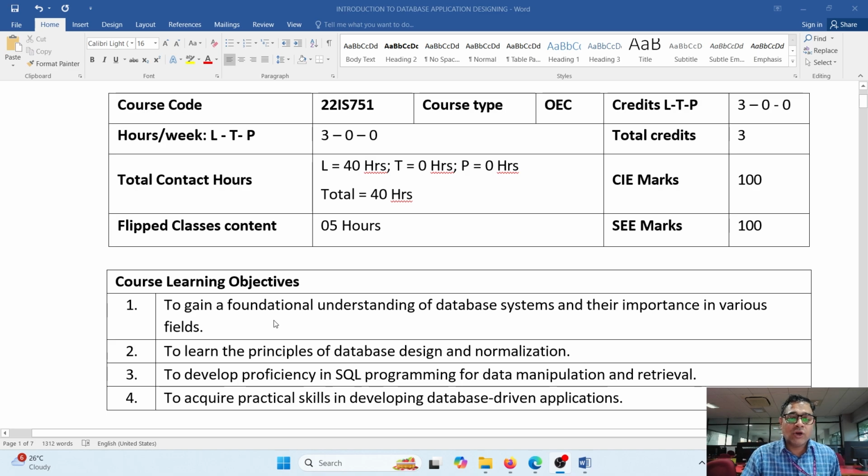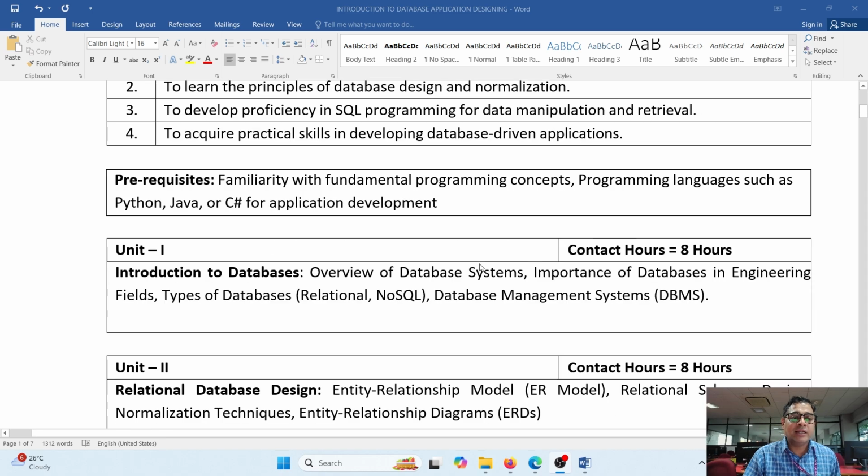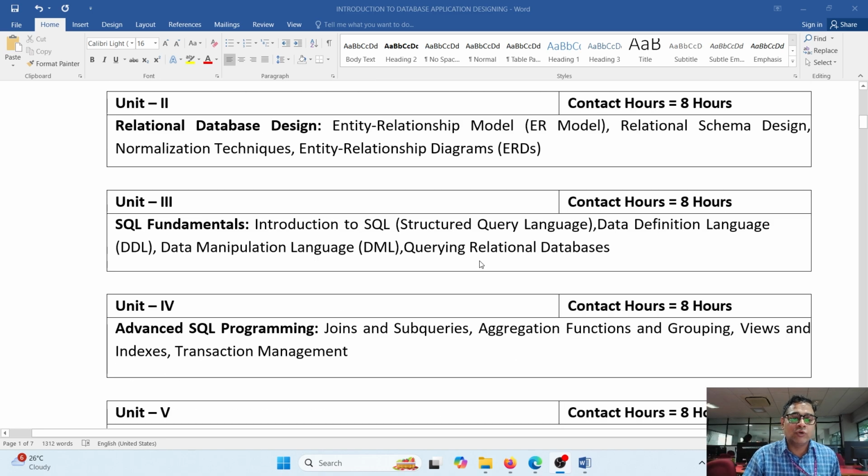So the basic learning objectives are: you will have an understanding of database systems and their importance, you'll learn how to design the database, you'll learn SQL programming and how to do data manipulation and retrieval, and you will be developing database driven applications. So these are the learning objectives, and these are the 5 units that we'll go through.